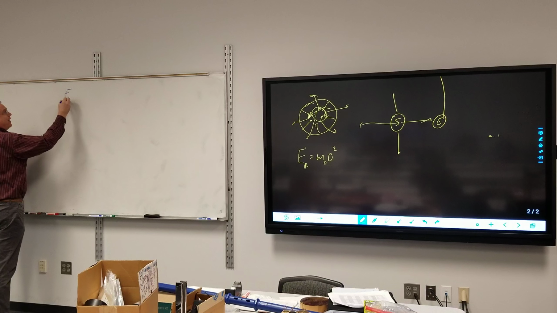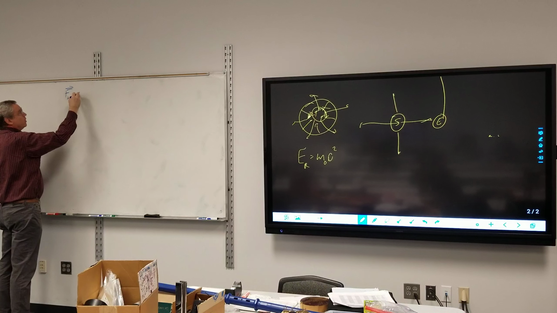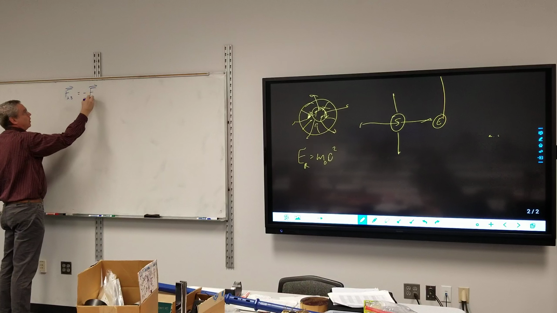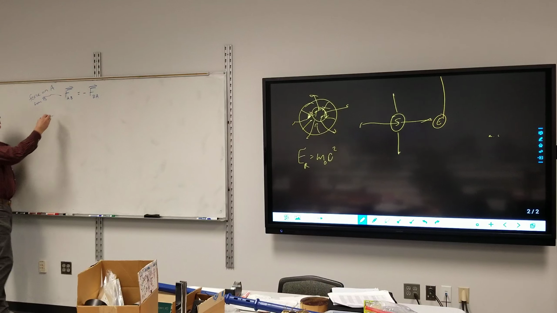So the force on A from B is equal to the negative force on B from A. This is Newton's third law in shorthand form. They do this over the same amount of time, so we'll just multiply that.